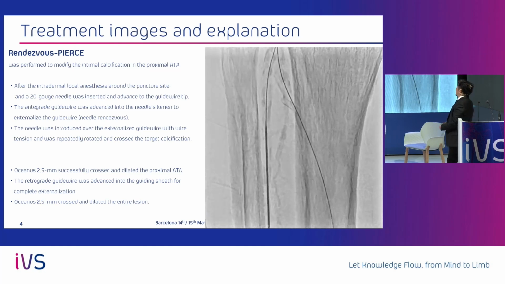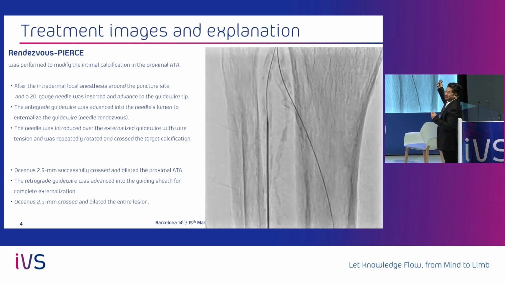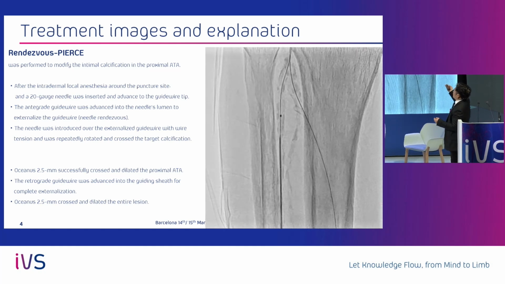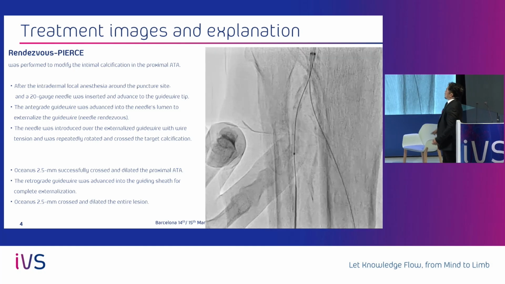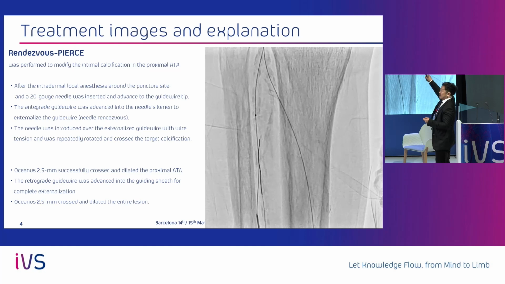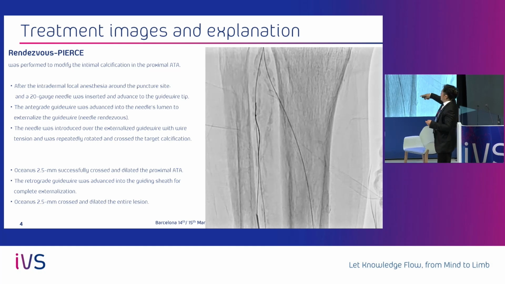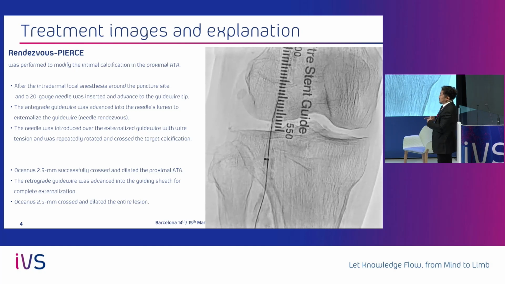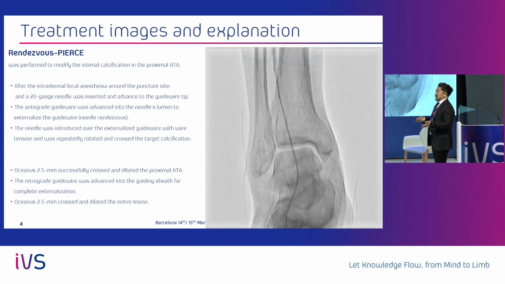After that, like a rotablator, a 2.5 Oceanus successfully crossed and dilated the proximal ATA. Then the retrograde guide wire crossed the proximal ATA calcified region and was advanced into the guiding sheath to perform the complete externalization.